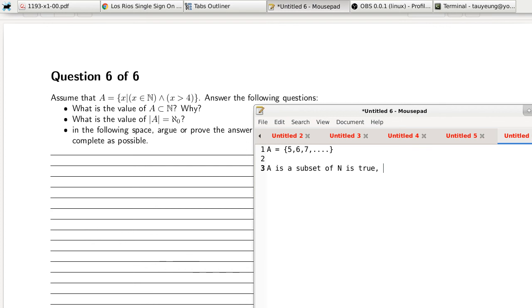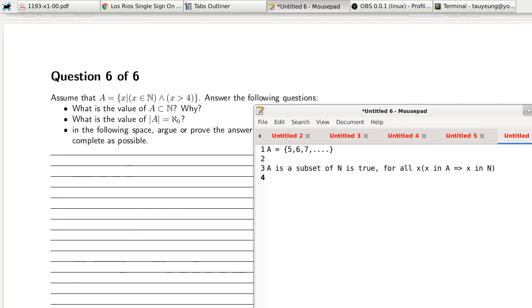You can either write it in English, or you can write it in symbols. So you can say for all x in A implies x in N. That makes it a subset, but at the same time we also have some unique items.